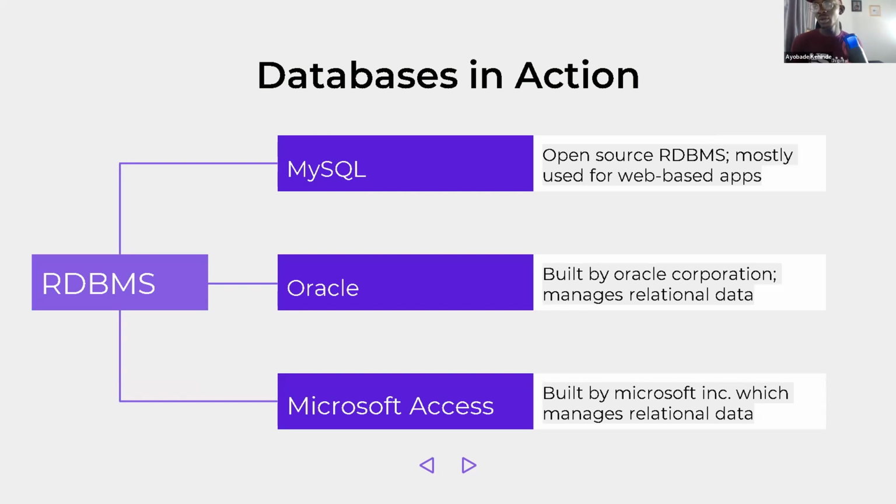It's mostly used for web-based applications. Oracle also has a database management system, and also Microsoft Access. SQL is a language that most of the management systems deploy, because it's open source and it's free for use.